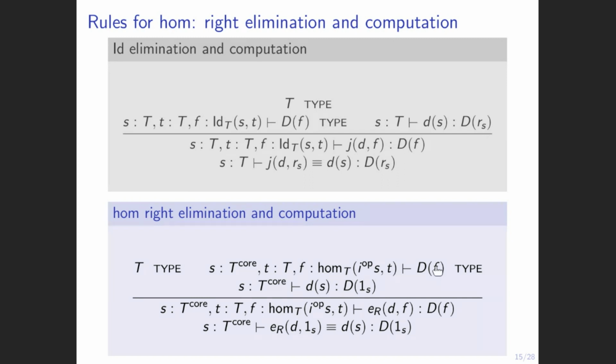And with all this information, if we have a dependent type depending on all that stuff, and if we have an inhabitant of the dependent type on the identity homomorphism, and here to make it well typed, S has to be in T core, then we will also find an extension of that to an inhabitant of this dependent type on all of these morphisms, but still just the ones that start at a guy in the core.